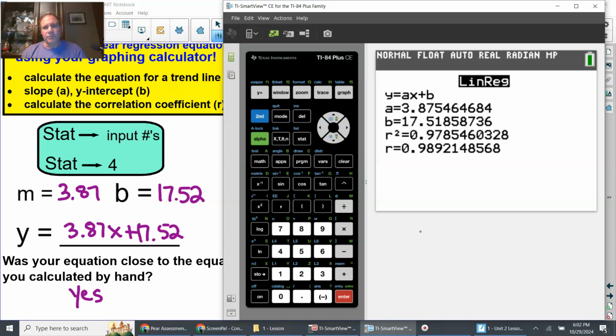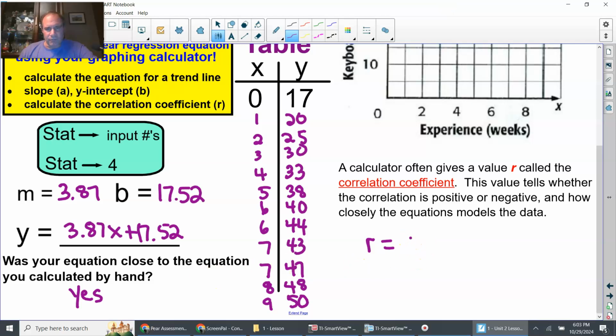R is 0.98. And what they usually do is round to the nearest hundredth. If they want more, they'll tell you what to do. So I'm just going to round it to the nearest hundredth, which is 0.99.